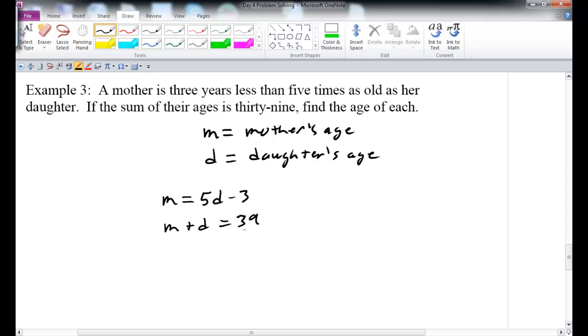Find the ages. Well, here's where we can substitute. We said that M was 5D minus 3, so let's substitute it in instead of M. 5D minus 3 plus D equals 39. Collect up like terms. 6D minus 3 equals 39.